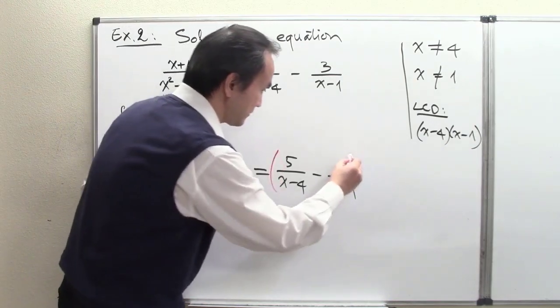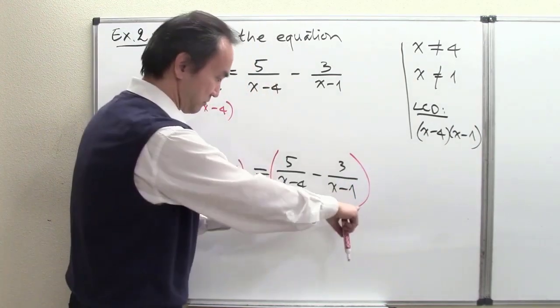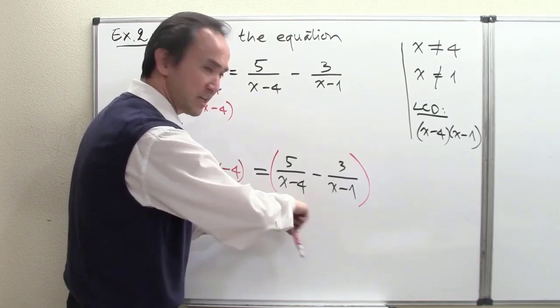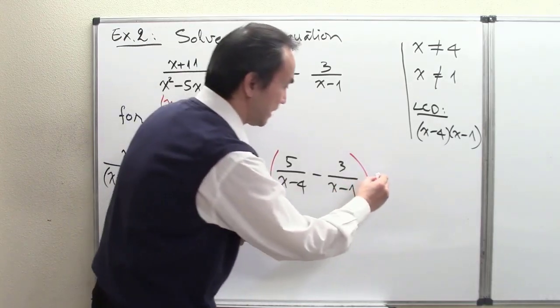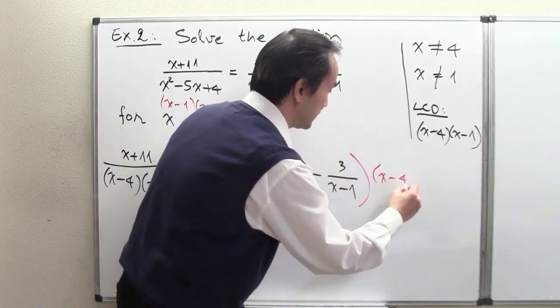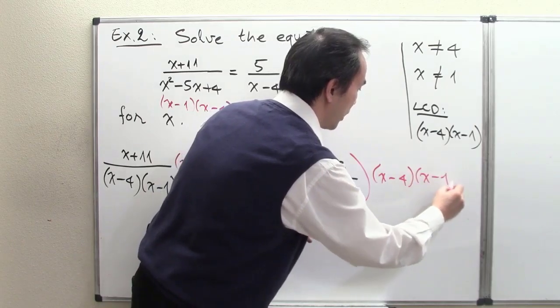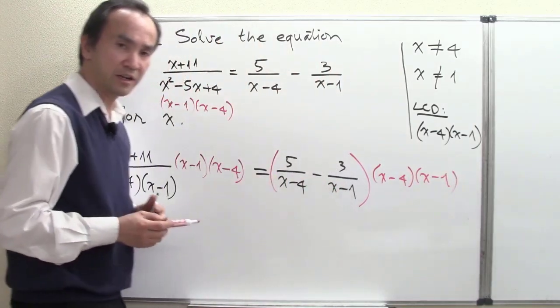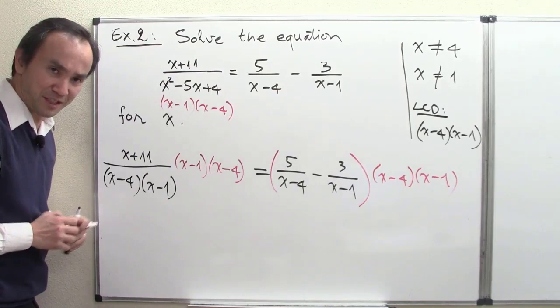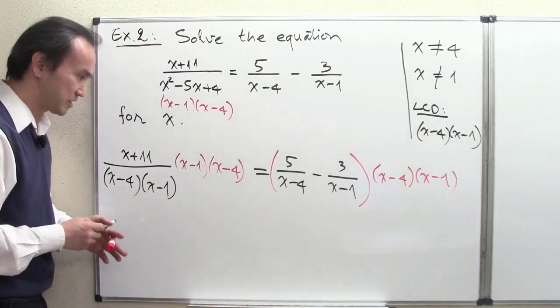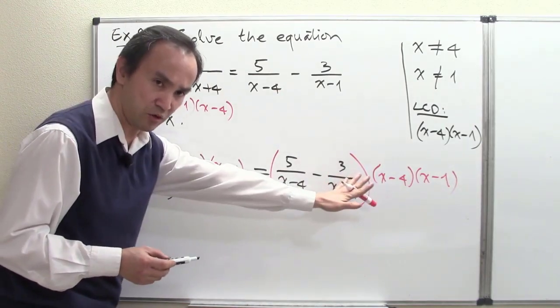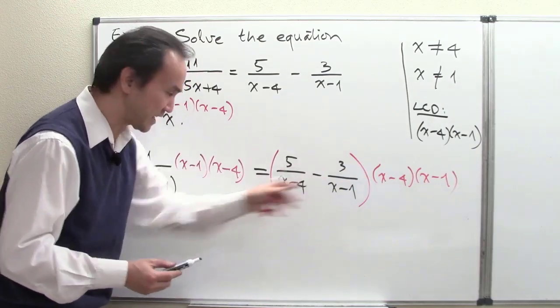On the right-hand side, the entire expression grouped together with the two terms, I'm going to multiply by x minus 4 times x minus 1. That's where the algebra work comes in. Allow me to handle the left-hand side first.